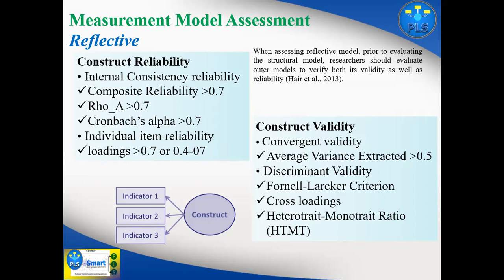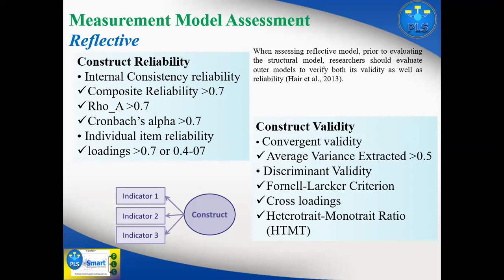So those who advocated that Cronbach's alpha has a problem came up with composite reliability. They said composite reliability is better than Cronbach's alpha, so you should report only composite reliability.